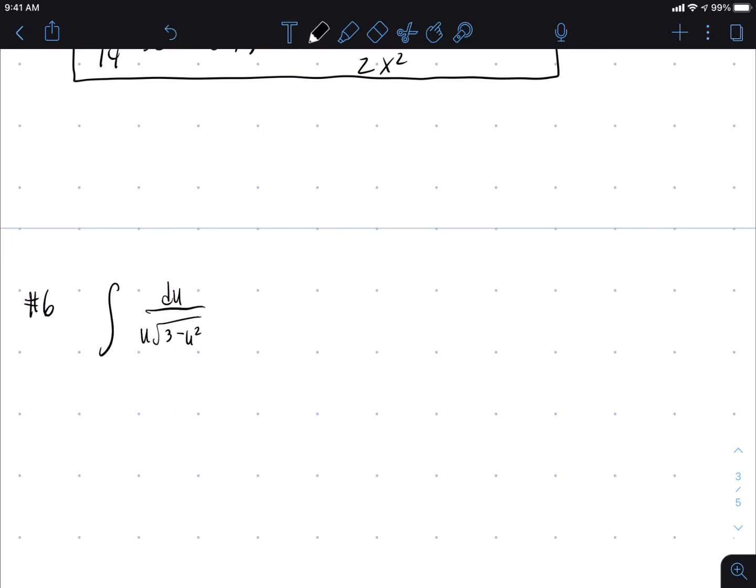But it's not a pretty one, unfortunately, because our 3 there isn't a squared number. So when we go to do the trig sub, we're going to get root 3 sine theta. We okay?